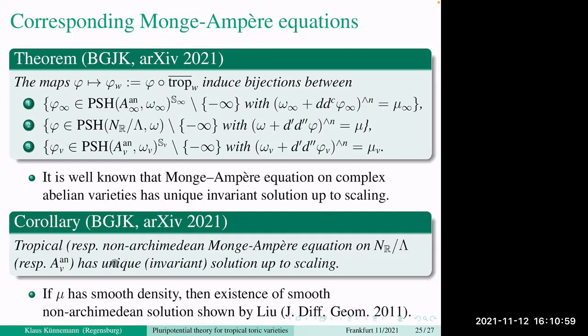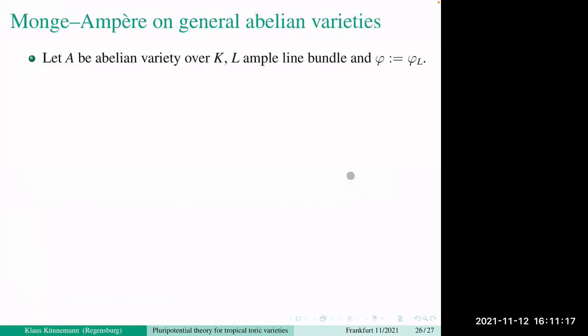First of all, we allow more general measures. Here it's only measures with a smooth density. And the result of Liu is only in the setup where the abelian variety is totally degenerate. So here we also generalize to general abelian varieties. Yeah, so we no longer make this assumption that it's totally degenerate.